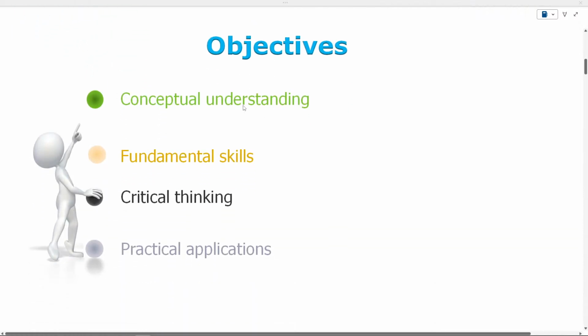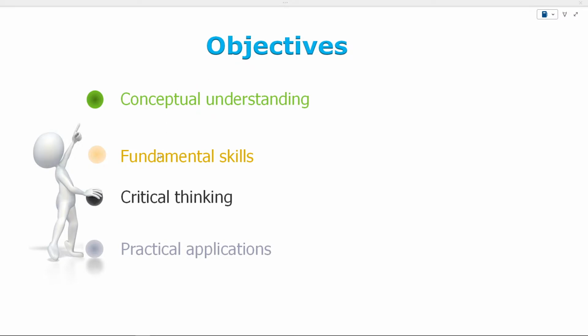So this lesson will mainly be conceptual understanding. We will understand some main concepts in derivative-based optimization, for example, what are critical points, what are singular points, what is the first derivative test, and what is the second derivative test.